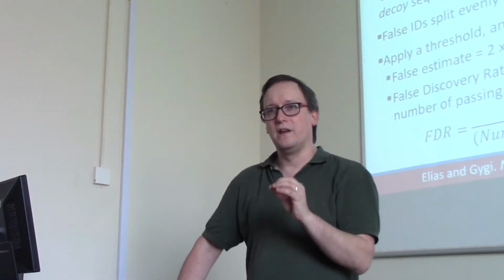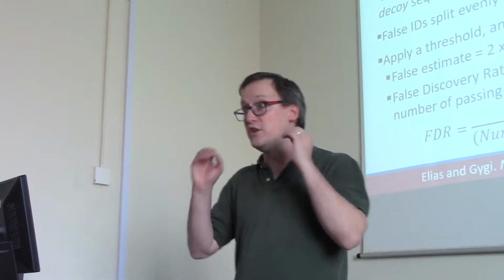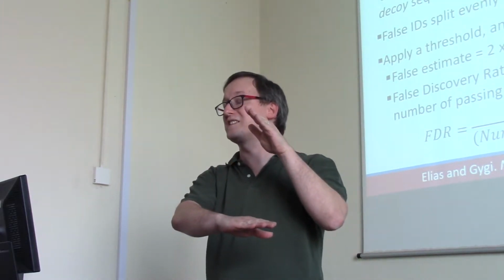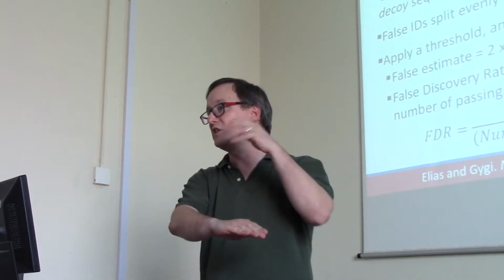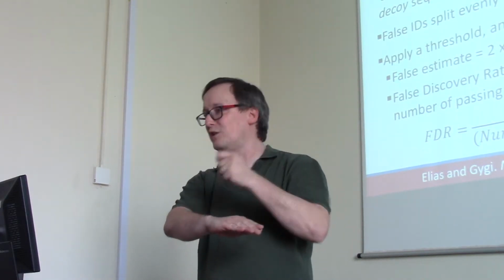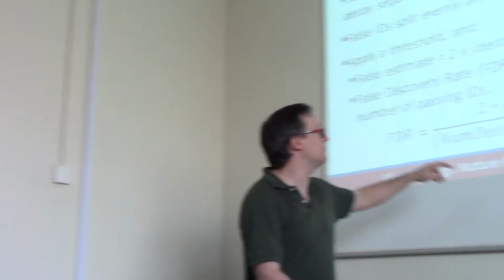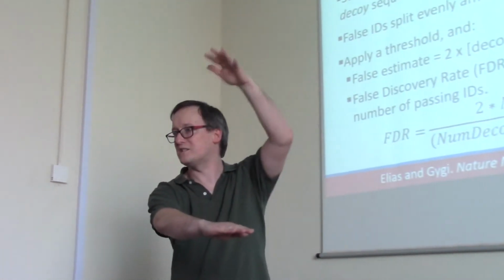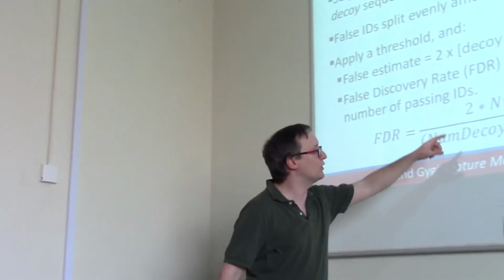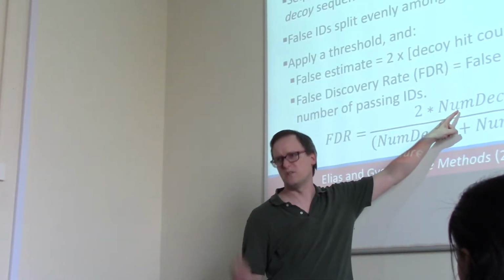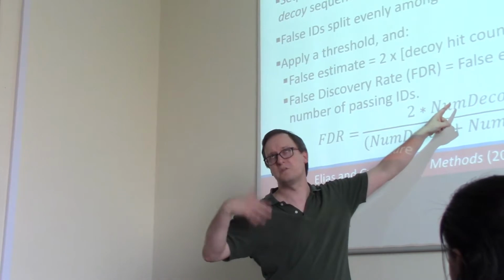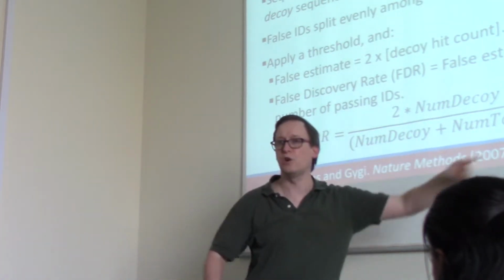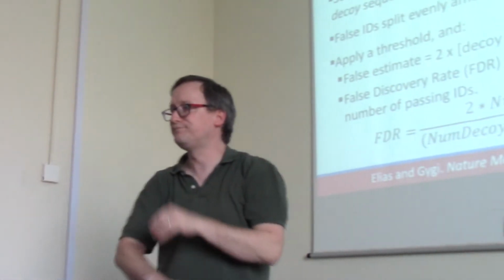So think of it this way. Every time we have a known false hit above our threshold, we suspect that it's got a secret partner somewhere among the possibly true sequences that's also false. So when we compute our false discovery rate to say what fraction of the IDs above my threshold are real, we're going to double the number of decoys, reversed proteins, reversed PSMs that we hit, and divide that by the total number above our threshold.